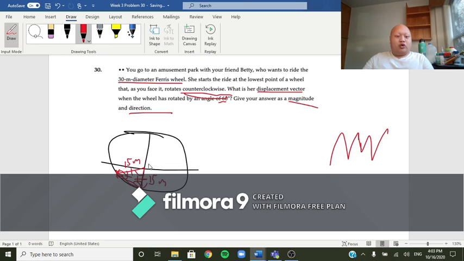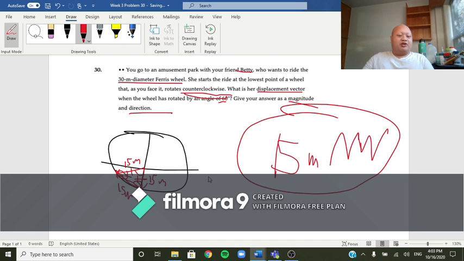Since they're all 60, it's an equilateral triangle, and in an equilateral triangle all sides are congruent and all angles are congruent. Since all sides are congruent, we already have our magnitude, which is 15 meters. So Betty traveled 15 meters northwest, and that's your answer for this question.